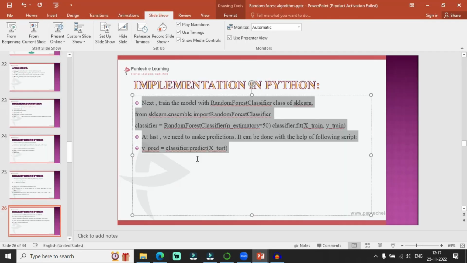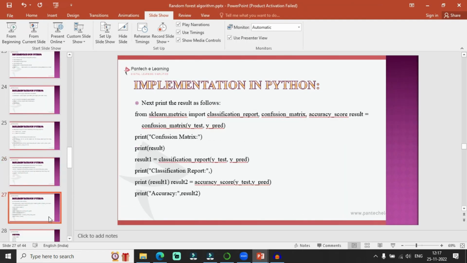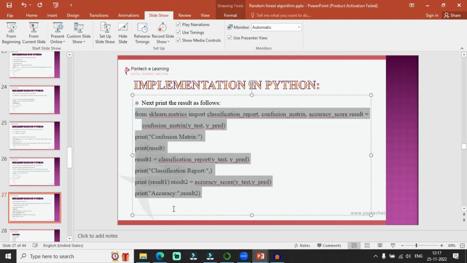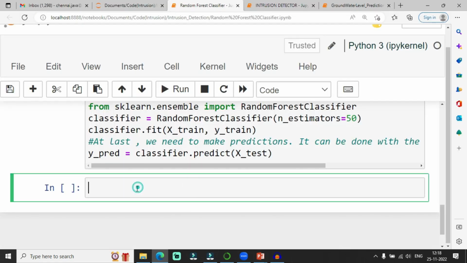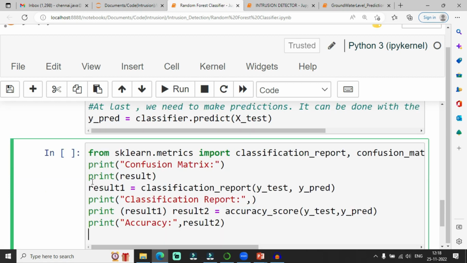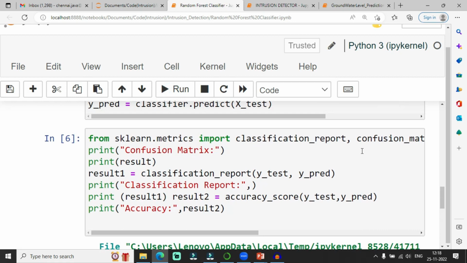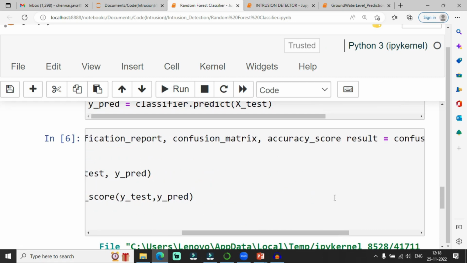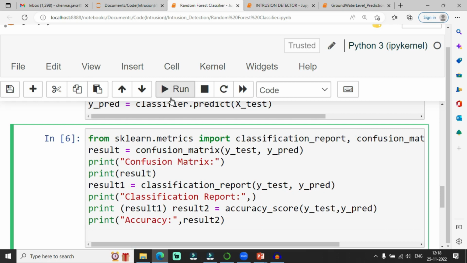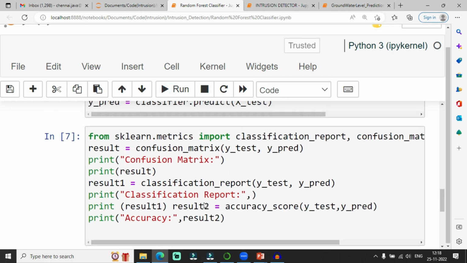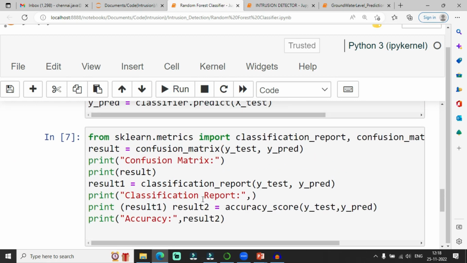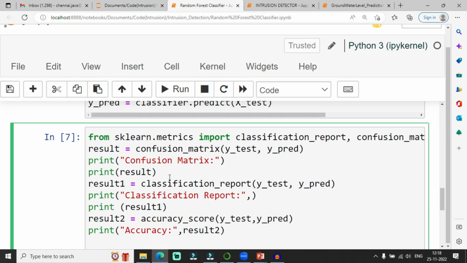The result is stored in the variable y prediction. I am importing classification report and confusion matrix. I am printing result 1, result 2.